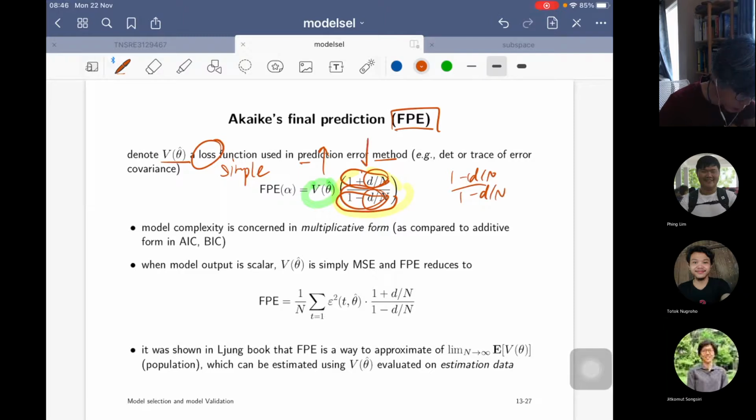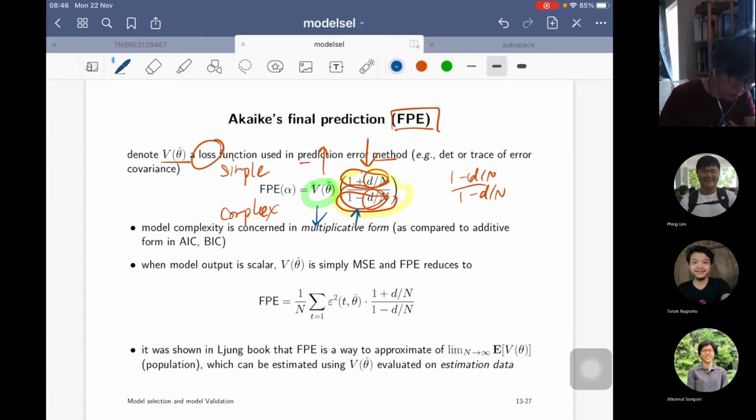When d is small, this term is small, but the loss function is big. On the other hand, when you have a complex model, the loss function is small, but the yellow term is bigger. Again, you see a trade-off. You need to find the optimal balance between these two.